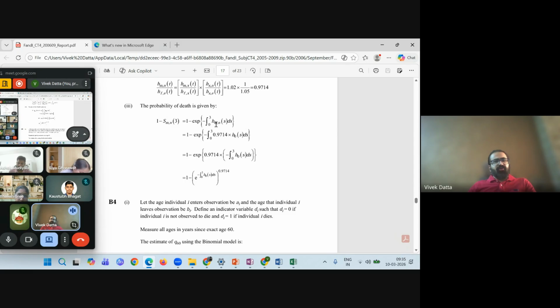Because you already have the value of 0.9714 already solved, you can take it outside the bracket. It becomes raised to, because it's outside the exponent. So then you get it back in, right? Apart from that, the clue here is that it's asked to write in terms of the baseline hazard. That is why you're writing purely in terms of the baseline hazard. Yes?